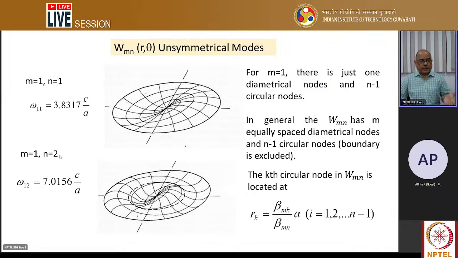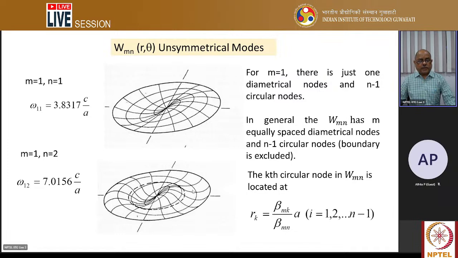Like that, when m is equal to 1 and n is equal to 2, you will get this circular node, that is 2 minus 1, one circular node can be seen here. Okay. And one diametrical node is already present. So at any distance, this circular node can be located by the relation rk equal to beta mk divided by beta mn, times a.